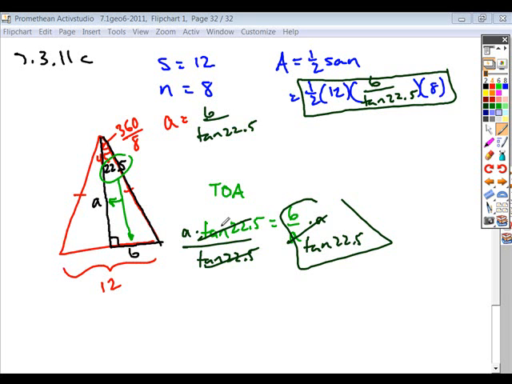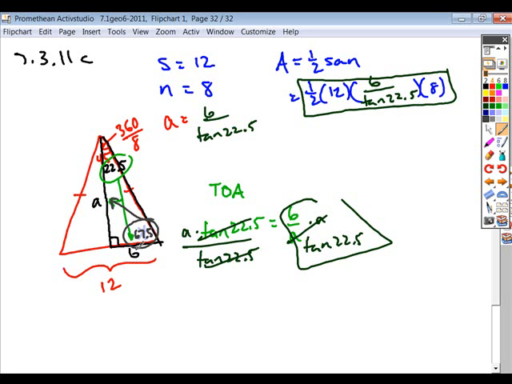But if you're going to use law of sines, you'd need to find this angle right here, this other acute angle of the right triangle. You know that the acute angles of any right triangle add up to 90 degrees. They're complementary. So if you were to take the complement of 22.5, you could find that this angle is 67.5, and now you can set up your law of sines.